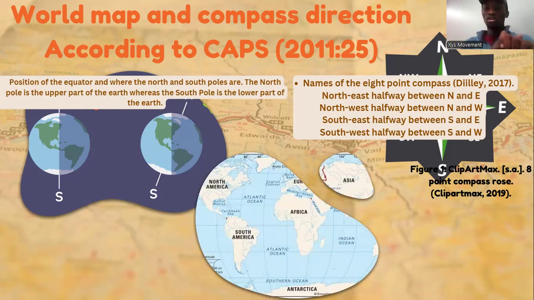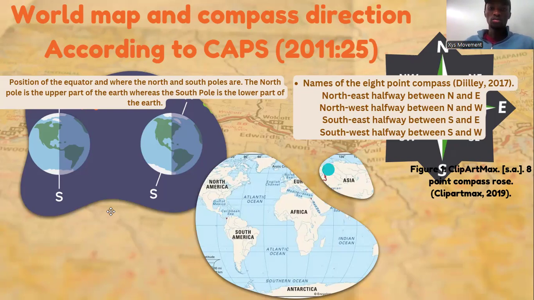But in grade 5, they'll learn northeast, which is halfway between north and east. Northwest is halfway between north and west. Southeast is halfway between south and east, and southwest is halfway between south and west, which is 22.5 degrees when we differentiate them.